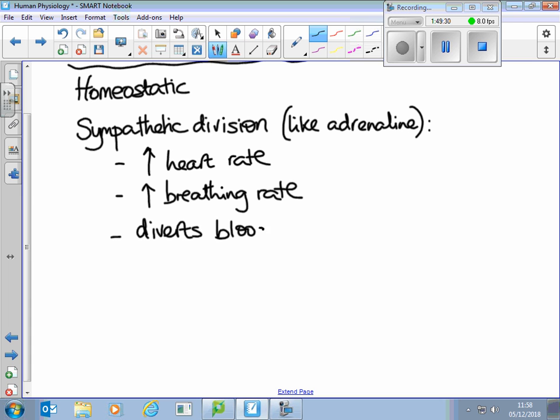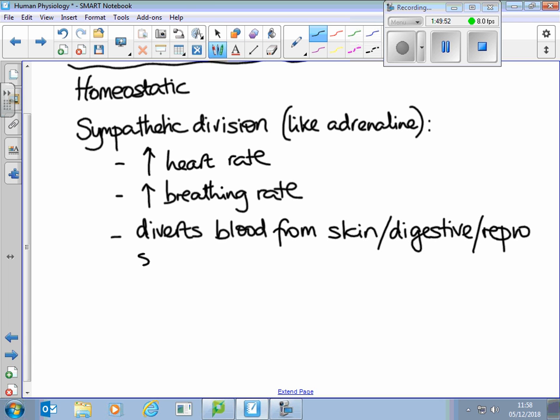So your skin goes pale, your heart rate goes up, your breathing rate goes up, yeah? So it diverts blood from skin and digestion. Oh, and reproductive systems. So skin, digestive, reproductive systems to muscles.